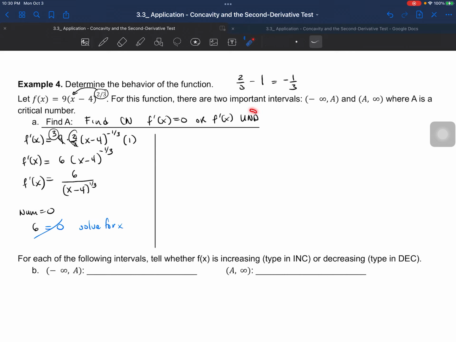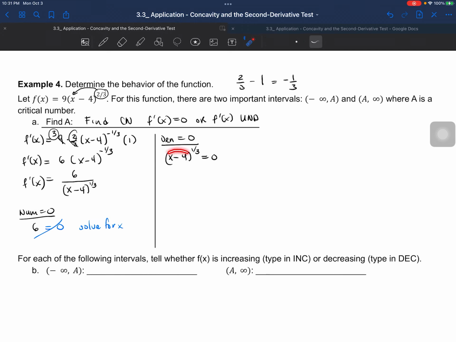So let's try the other case, when the derivative is undefined. So when would this be undefined? And if you're saying that will happen whenever the denominator is 0, you're right. So it's going to be whenever the denominator is equal to 0. Kind of talked about this before, right? So that will be whenever x minus 4 to the 1/3 is equal to 0.